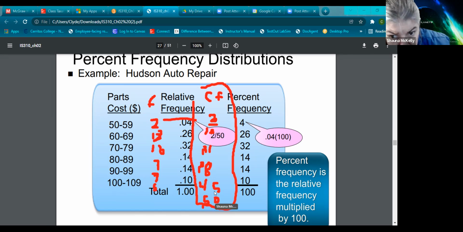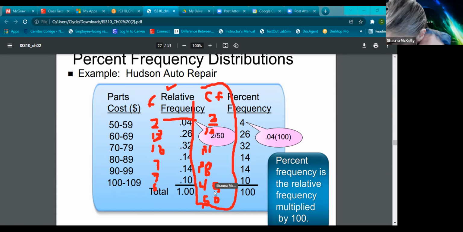So she's taking these cumulative frequencies and making them into relative and percent. So she's taking 2 out of 50, which is 0.04, which is 4%. But then the next category is going to be 15. 15 out of 50 is going to give you a different decimal.